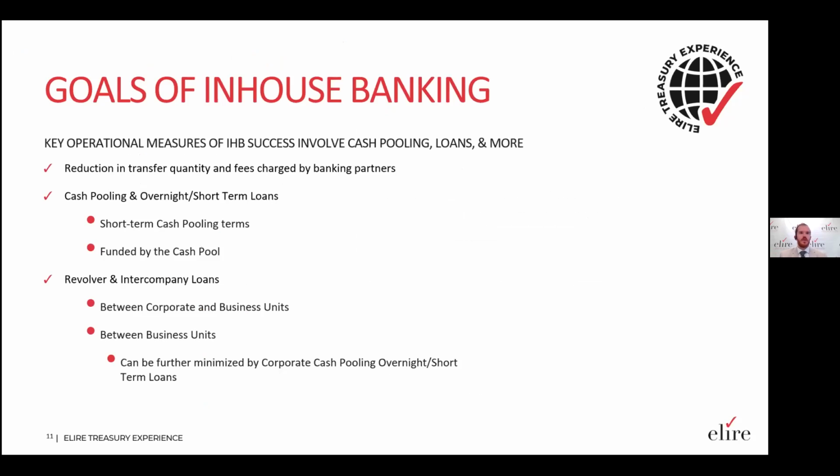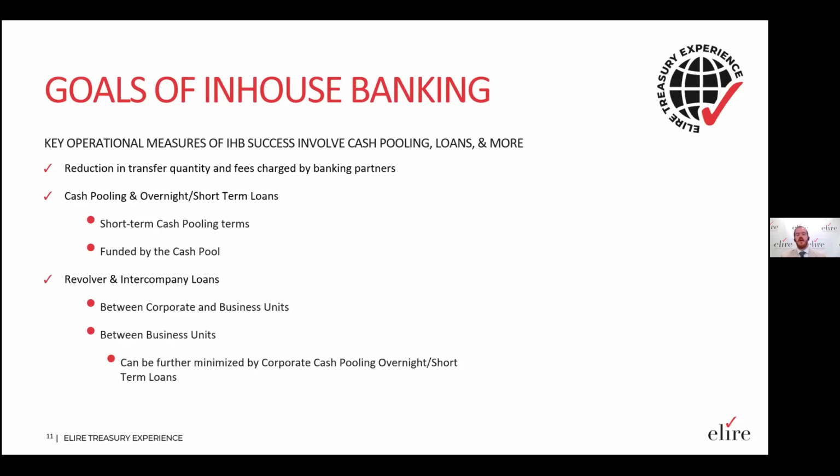Some of the key goals of in-house banking, of course, are some of these key operational measures that we have listed here on the screen. So we just talked about one, the first one being the reduction in transfer quantity and fees charged by all of our banking partners. Instead of paying a $5 invoice, for example, in netting, and then a $7 invoice going back the other way, we can just consolidate and do a $2 transfer, a single transfer, already cutting our fees in half.